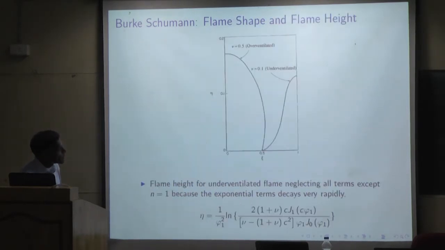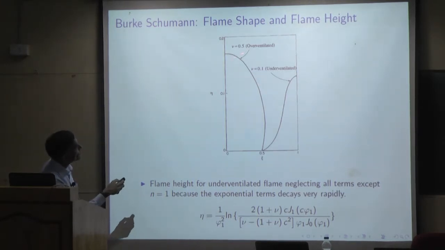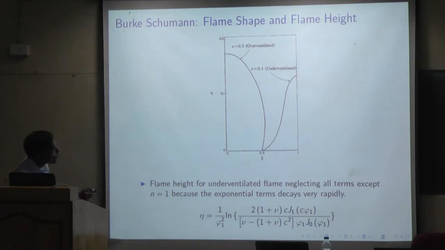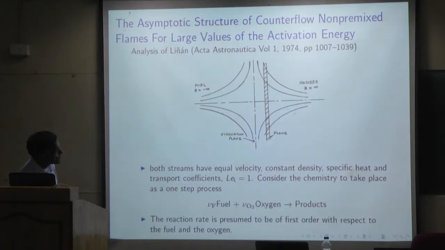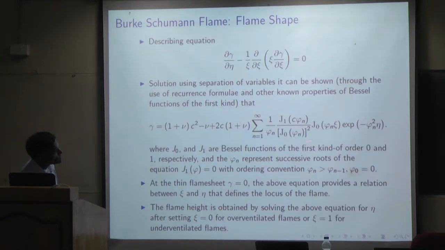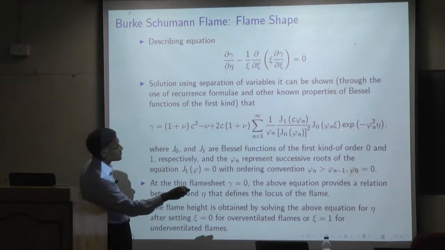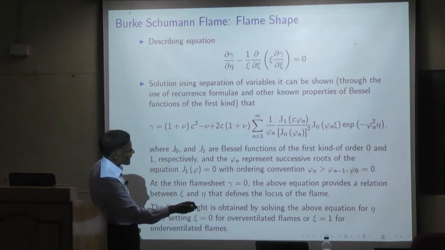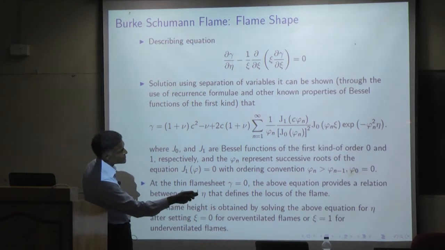Now here is a plot. This is the over-ventilated flame, and that's the under-ventilated flame, obtained precisely as I told you. If you want to plot the contours, you really don't need to take all these terms into this equation, because there's this exponential term that appears, and phi n increases.